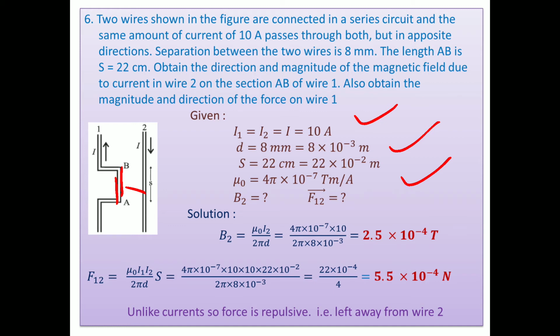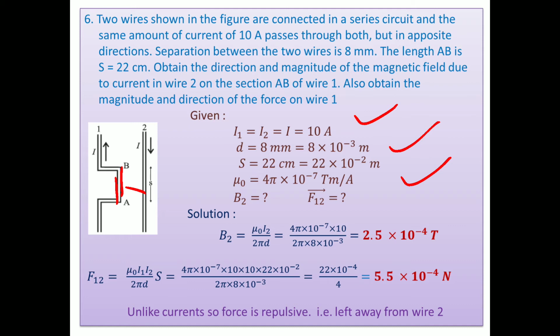Permeability of free space is 4 pi into 10 raised to minus 7 Tesla meter per ampere, or Weber per ampere meter. B2 is to be calculated, the magnetic induction on wire 1 due to wire 2, as well as the force on 1 due to 2. First, the magnetic induction, magnitude and direction.